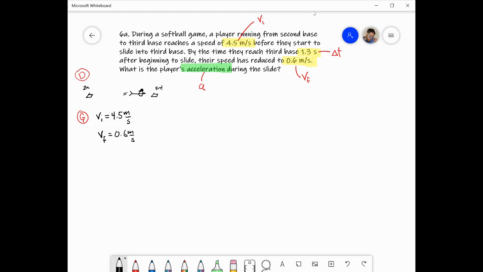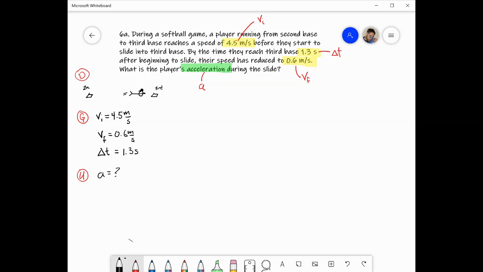I also have this amount of time that was given. It's a change in time, and that change in time is given as 1.3 seconds. So far, things are looking pretty good. All of my units of length are in meters, and all of my units of time are in seconds, so I don't think I'm going to have to do any converting on this problem, which saves me some time. So I've got a D for my drawing, I've got a G for my givens, and now I've got my unknown, and that's my acceleration. So I'm going to just drop in an A equals question mark.